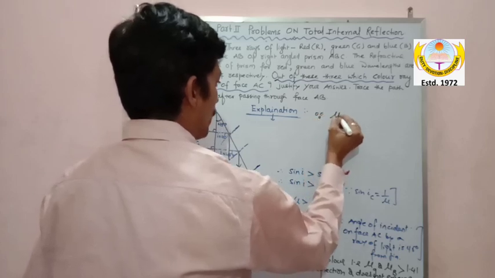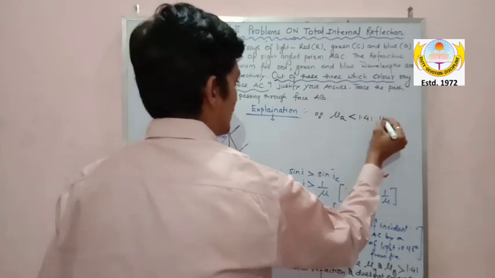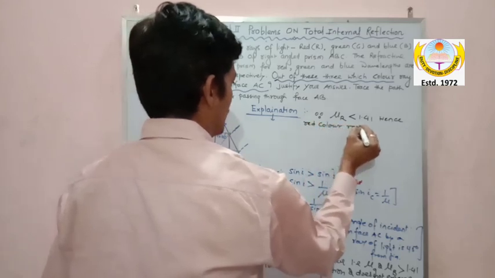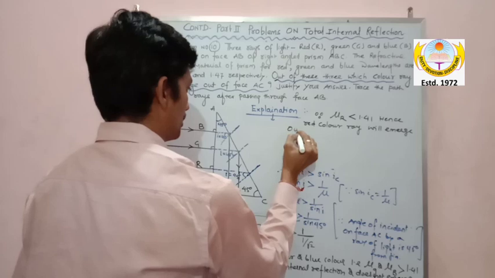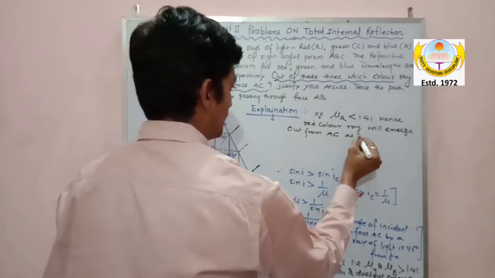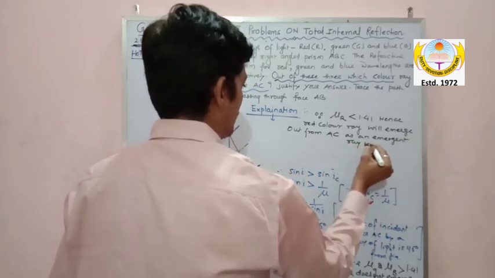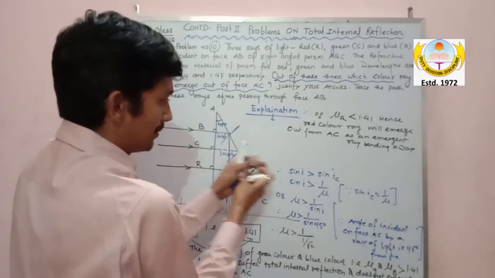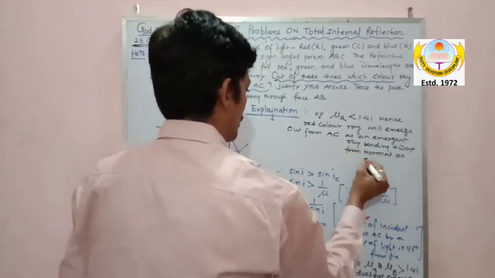Since mu of red color is less than 1.41, hence red color ray will emerge out from face AC as an emergent ray, bending away from normal because it is coming from glass to air, so it will be bending away from normal as shown in figure.